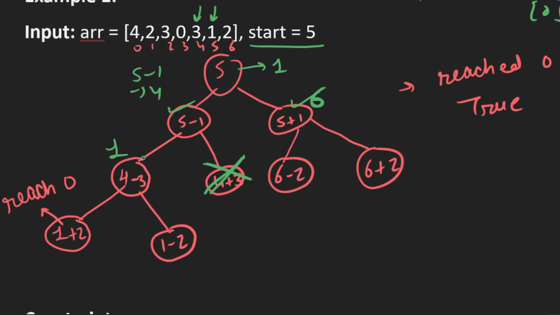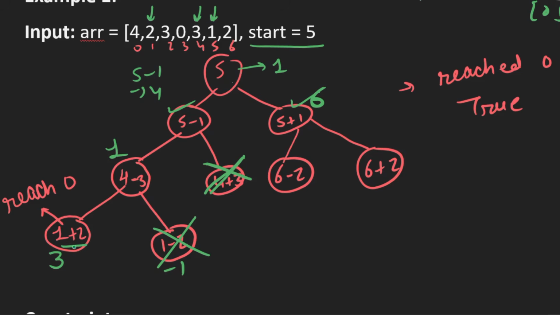Then from 4 minus 3, that is 1, at 1 we have value 2. So from 1 we can take the jump either 1 plus 2 or 1 minus 2. 1 plus 2 is a feasible jump, that is we reach index number 3. 1 minus 2, that is minus 1, is not a feasible jump as it is going out of the bound of the array, so we can't take this jump.